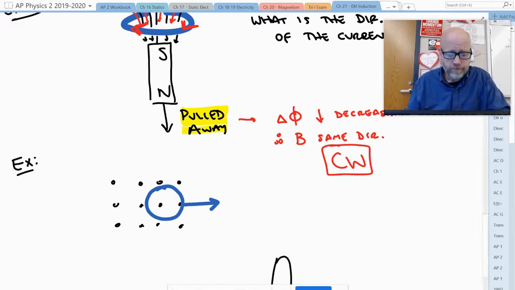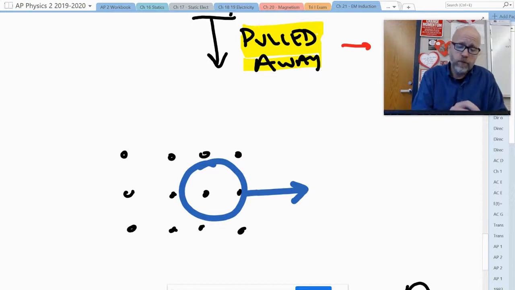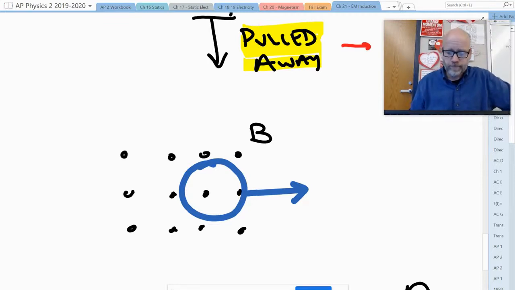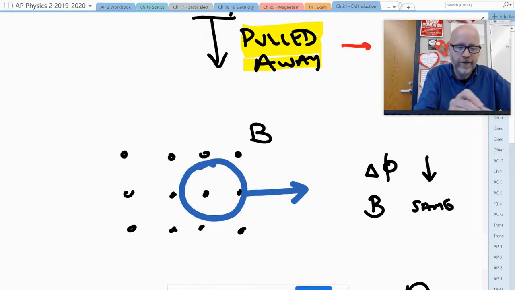Next, go ahead and draw this one. The B field is pointing out of the paper, and the loop is being pulled out. Because it's being pulled out, the change in the flux is decreasing. Therefore, the B field that's induced is the same. Good.